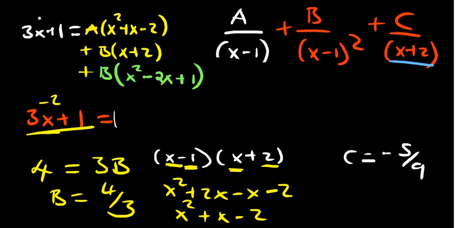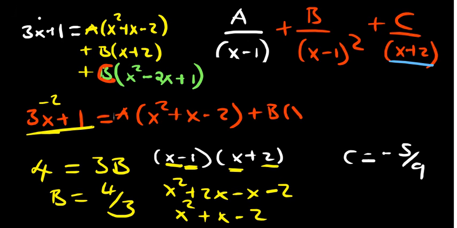So after expanding, what we have is a(x squared plus x minus 2), so basically that is our c, sorry. So our b, we have x plus 2. Then for our c, we have x squared minus 2x plus 1.